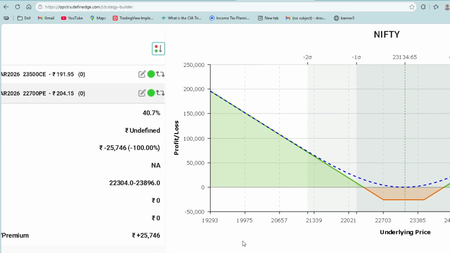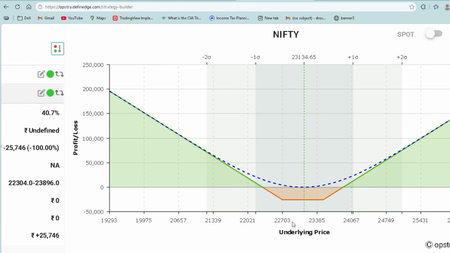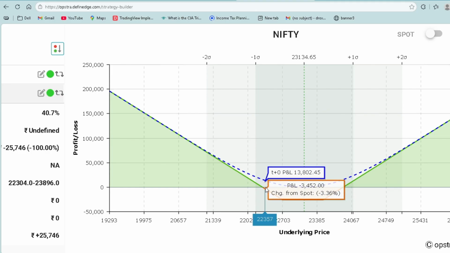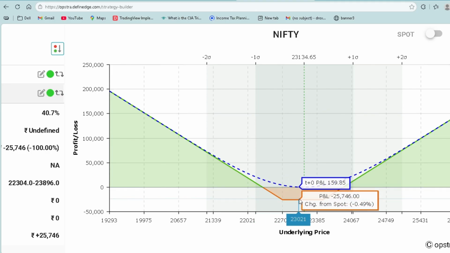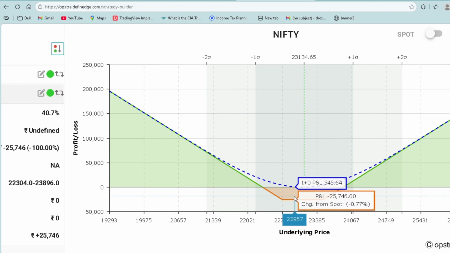So let me take you to this payoff chart. This is the payoff chart. This red shaded area, that is below 23,896 and above 22,304, a trader will incur loss if during the trading days before expiry market trades within this zone, and at expiry market closes within this zone.